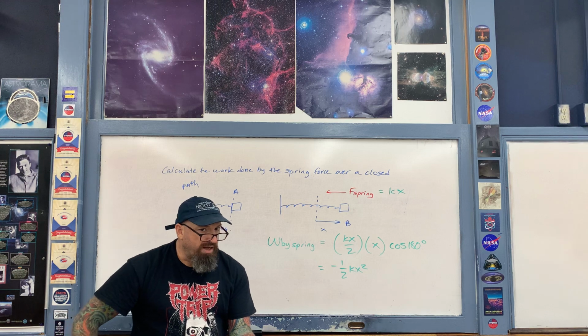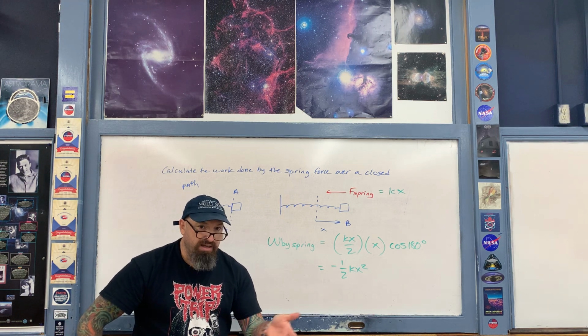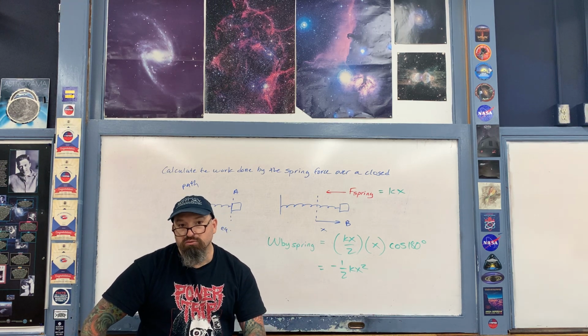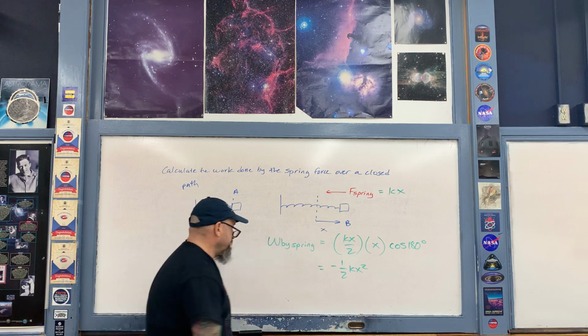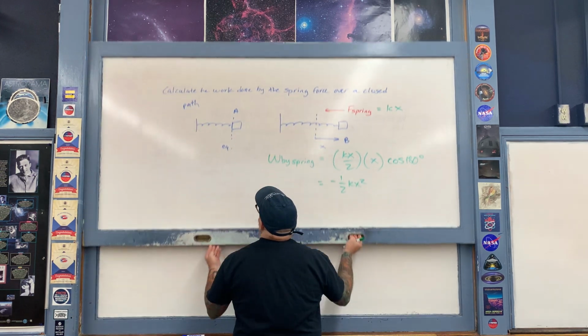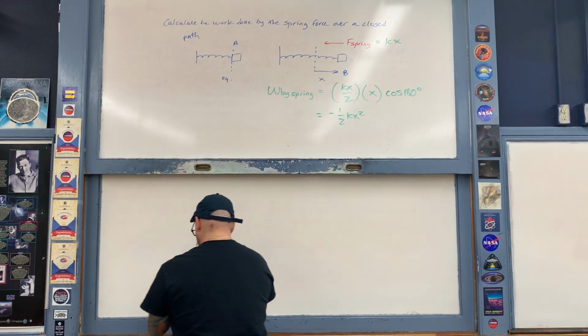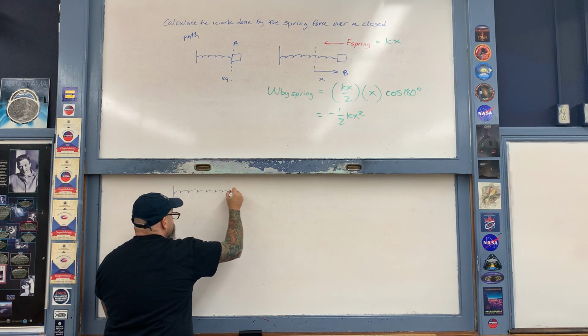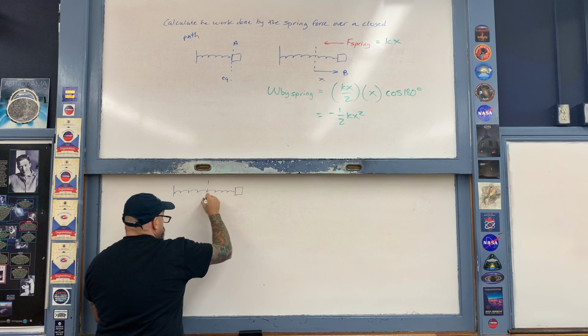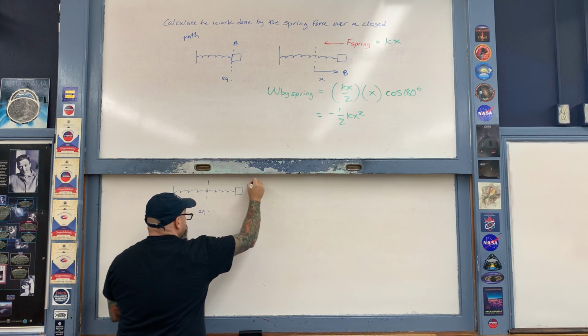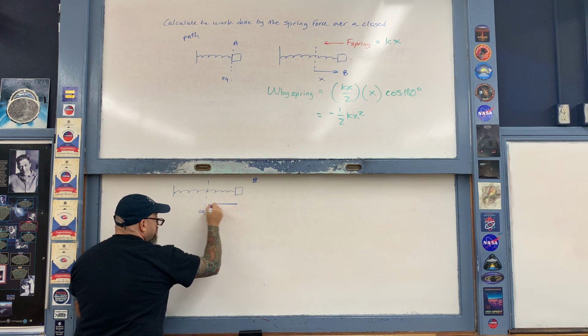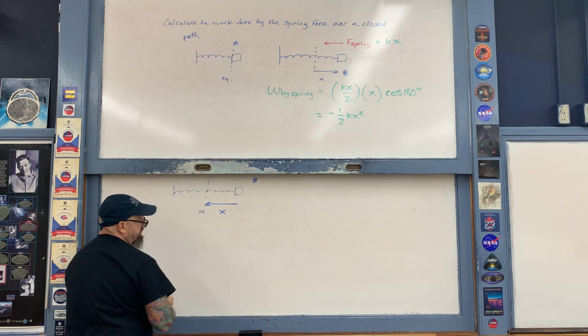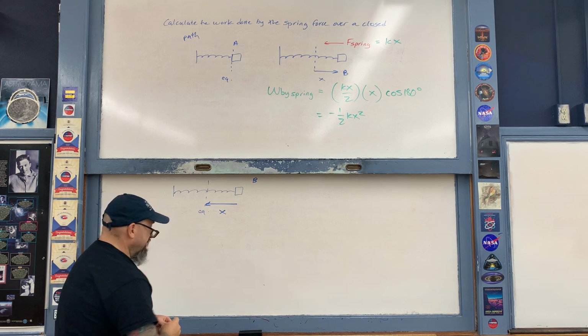But then we still have to go backwards from B to A, so let me just redraw the diagram on the lower board. Okay, so now we're going to start here at position B. So here's equilibrium. This is position B, but now we're going to go in this direction to the left-hand side of my diagram, this displacement x.